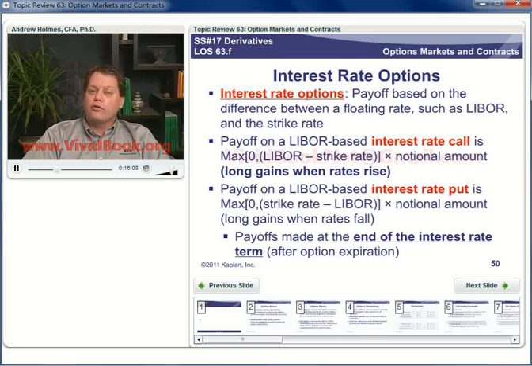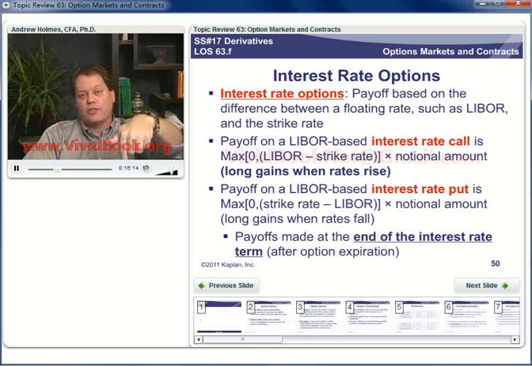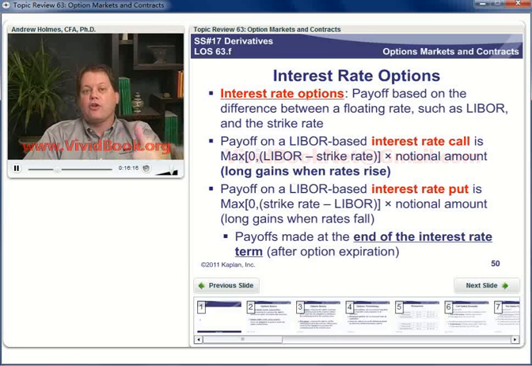A long futures contract on a fixed income security has the inverse relationship going, right? So if interest rates go down, then your futures contract would be in the money as the price of the bond went up. Here we're looking at an option directly on the interest rate.